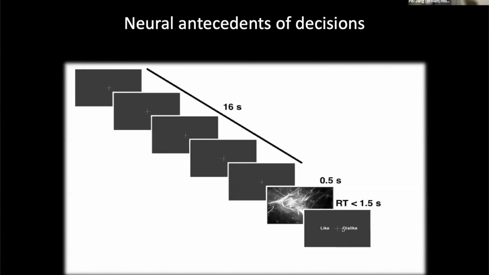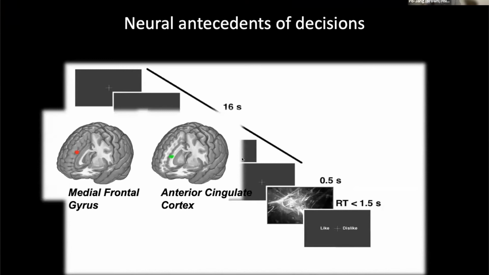And for each picture, we collected their brain activation pattern 16 seconds before the stimulus onset. And we discovered that 4 to 6 seconds before the stimulus onset, there's already a pattern difference in certain brain areas, including medial frontal gyrus and anterior cingulate cortex. And you'll see that in these regions, there are 2 different kinds of pattern.